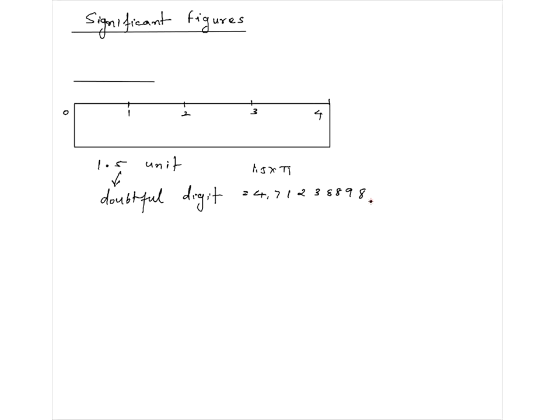And when you do calculations based on your readings, what's the point in giving decimals 4, 5, 6 places if your readings themselves are not so accurate? So that's the basic idea, and this concept works in physics and also in chemistry.